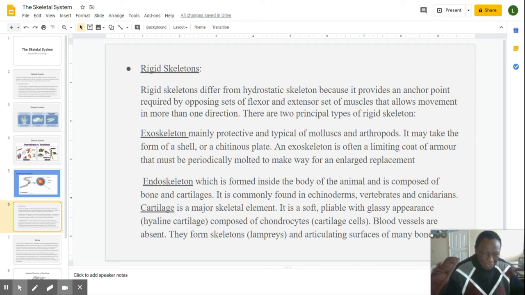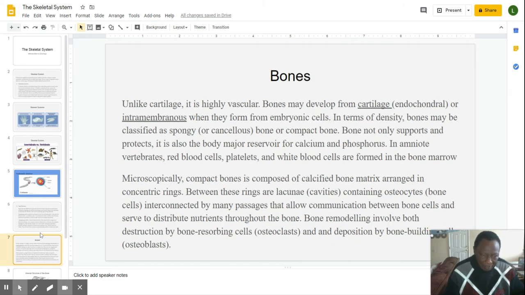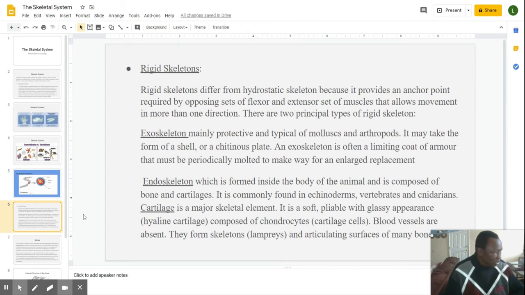Endoskeleton, which is formed inside of the body of the animals, is composed of bones and cartilage, commonly found in echinoderms and vertebrates. Okay, two things we discuss within the endoskeletons are the cartilage and the bones. Cartilage is a major skeletal element. It is soft, pliable, with a glassy appearance, composed of chondrocytes in cartilage lacunae.